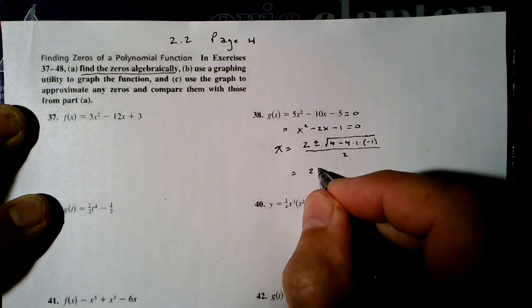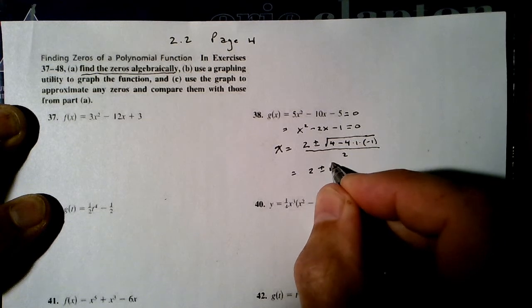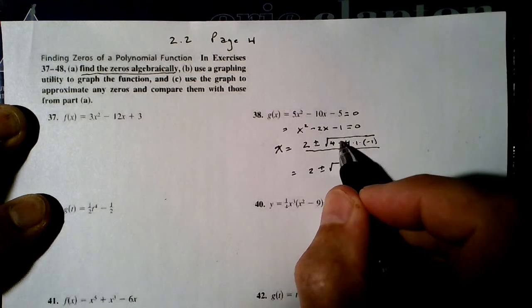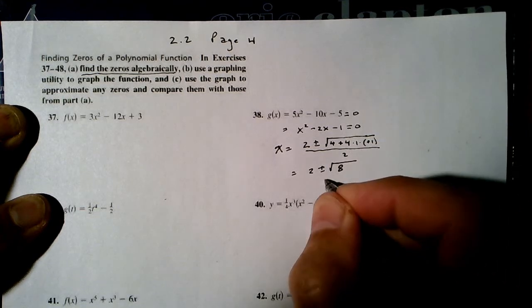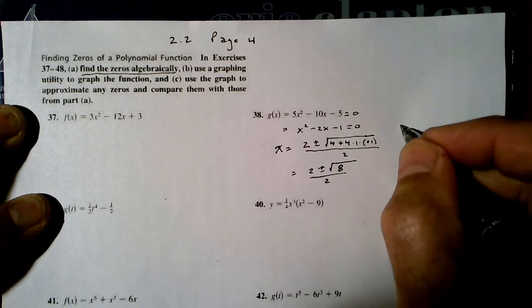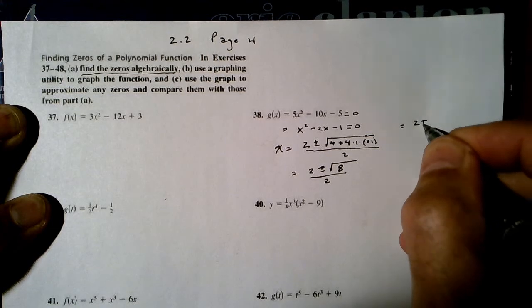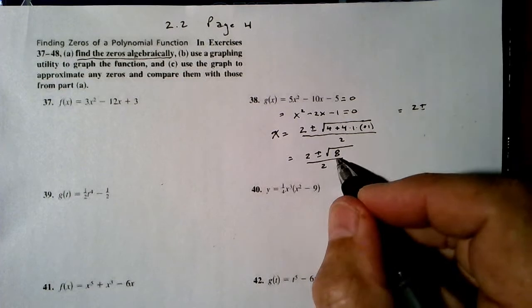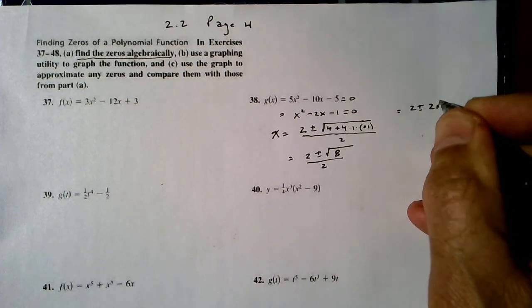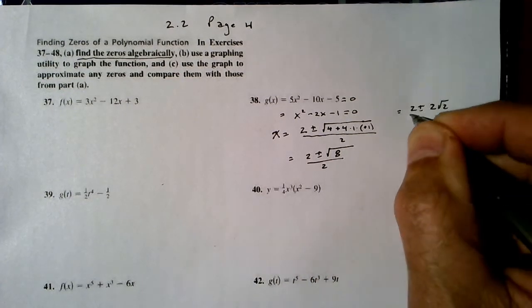That is 2 plus or minus, this becomes positive, 4 plus 4, 8, on 2. That's 2 plus or minus the square root of 8, that's 4 times 2, square root of 4 is 2, so 2 square root of 2 on 2.